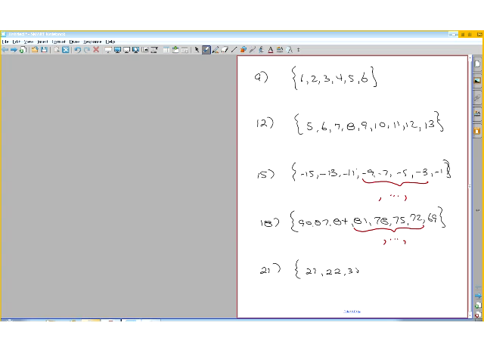And we usually show at least 3 elements until we can demonstrate a pattern. Then we put a comma, and then we put dot, dot, dot, and then the right bracket. So it says starting at 21, 22, 23, and we continue on in that way, and we continue forever.